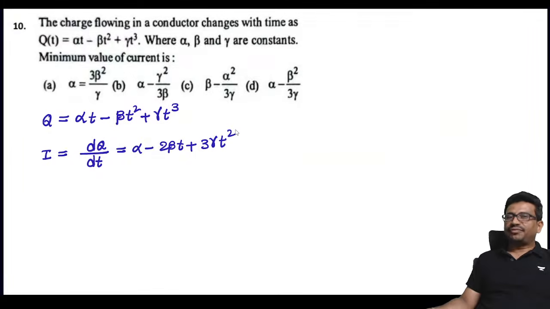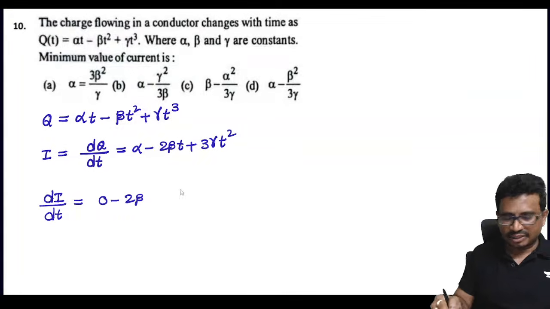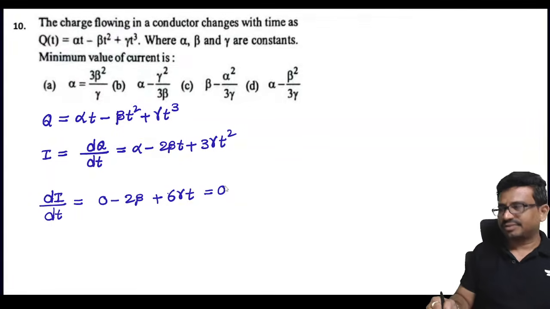They are asking the minimum value of a function. How to find the minimum value of any function? We'll differentiate and equate it to 0. Same thing we will proceed with now. To get the maximum or minimum value of any function, we'll differentiate the function: 0 minus 2 beta plus 6 gamma into t, and we'll equate it to 0.